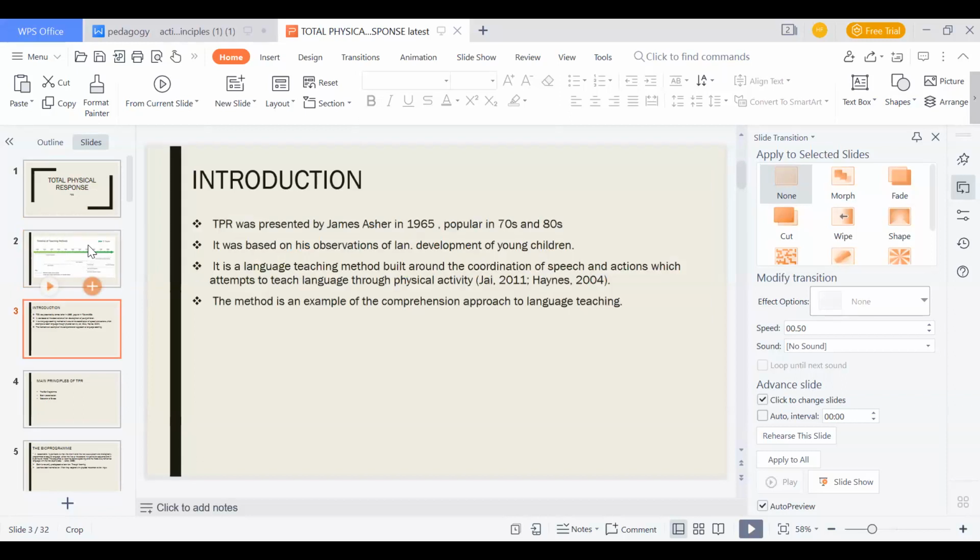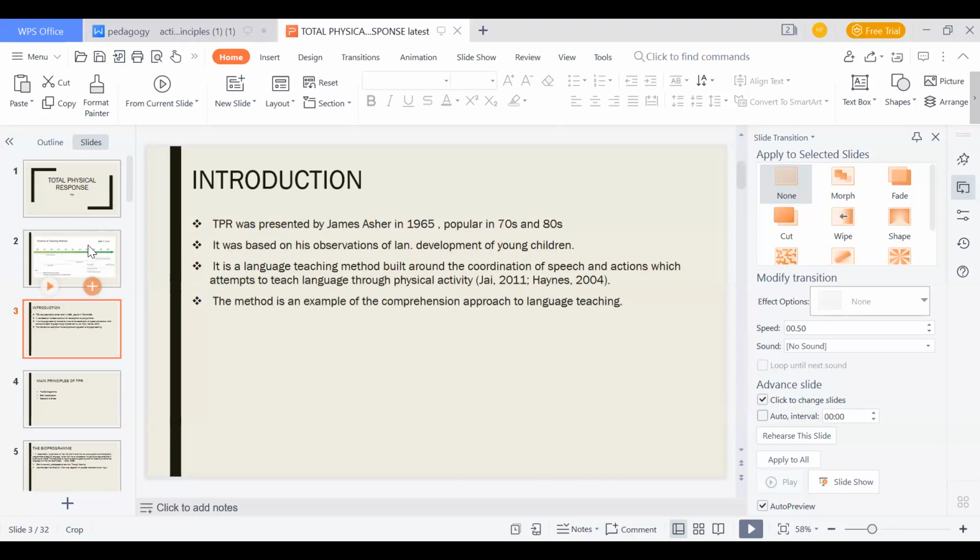This is also a scientific method, because the first scientific method is the audiolingual method, as it's grounded on a theory of language and a theory of language learning. TPR also is a kind of scientific method. It was introduced by James Asher in 1965. James Asher is a psychologist.